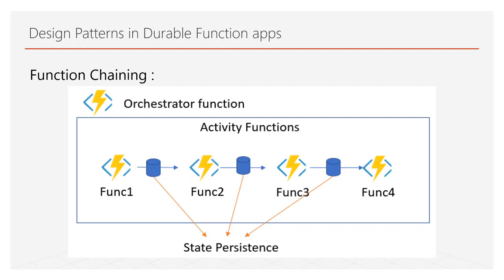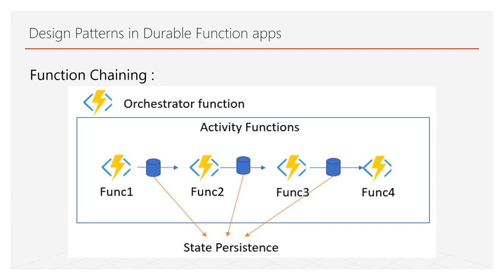Now, when activity 1 is running, at that time the orchestrator function will be sleeping. It will not run, and it will not cost you. Once that activity function ends, it will again call the orchestrator function.